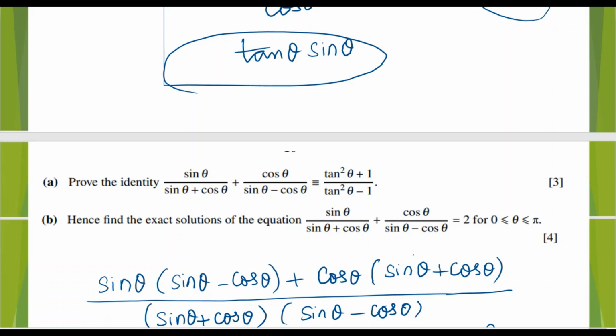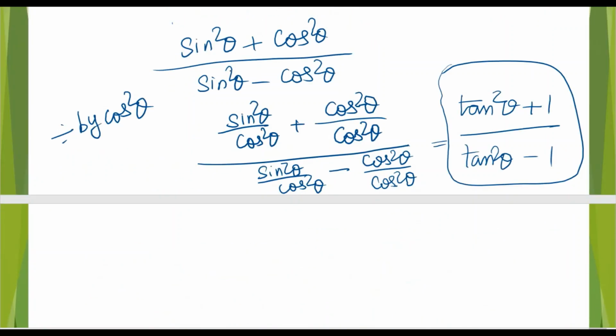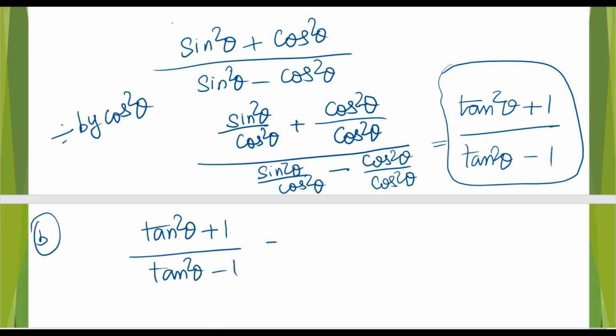Hence find the exact solution of the equation. So this expression, what we derived now, is equal to 2, and the theta value is given, it lies between 0 to pi. So we'll take the answer from our previous section. Tan square theta plus 1 divided by tan square theta minus 1 equal to 2.